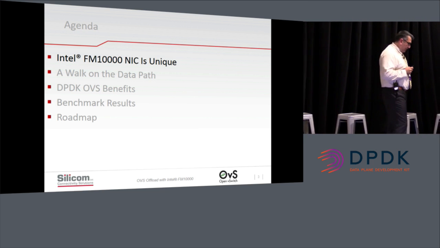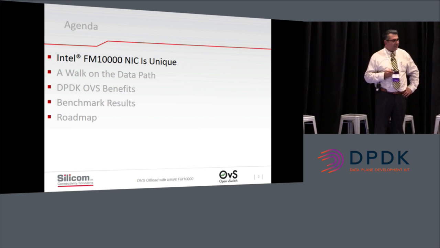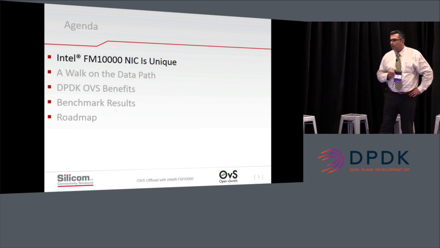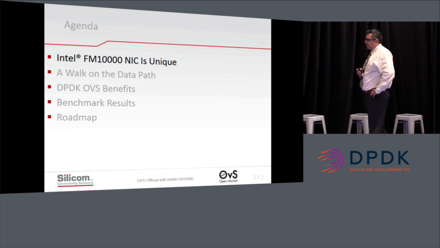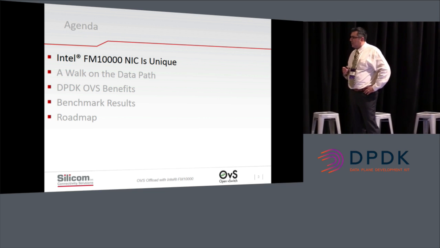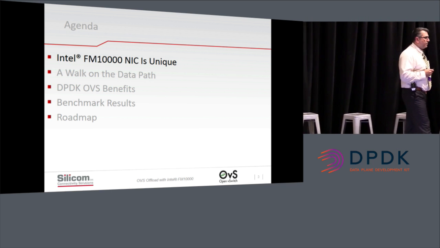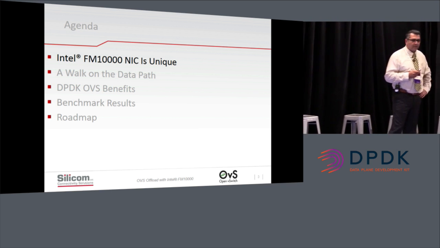So, yes, the FM10K is a unique device. I mentioned before that Silicom was building a NIC with a switch starting in 2008 or 2009. We took a 1 gigabit controller, later on a 10 gigabit controller, and we combined it with a switching fabric.